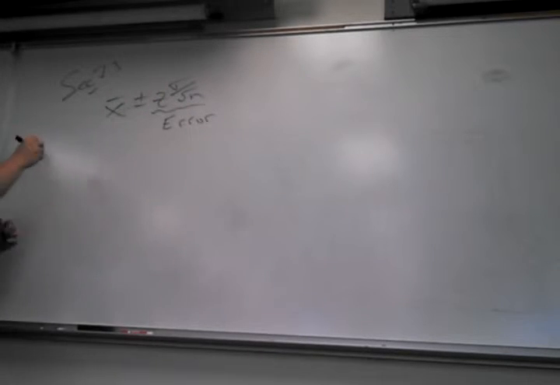So in the problem we just did, the error was for n equals 48. The error was what again? What was the error we got? 0.92. Oh, thank you. Yeah, 0.92.